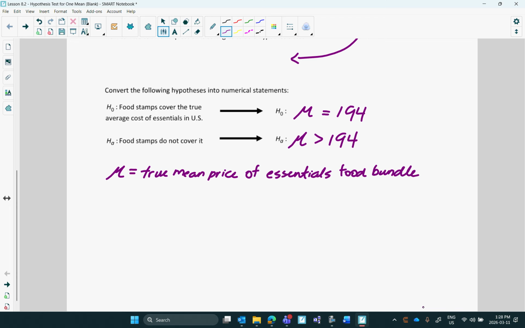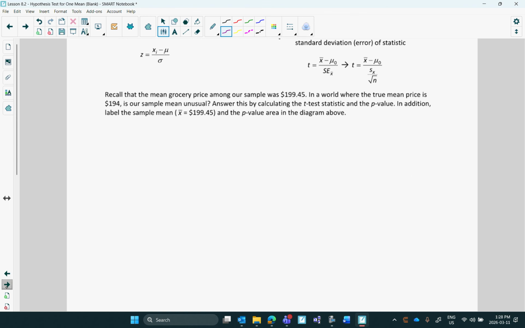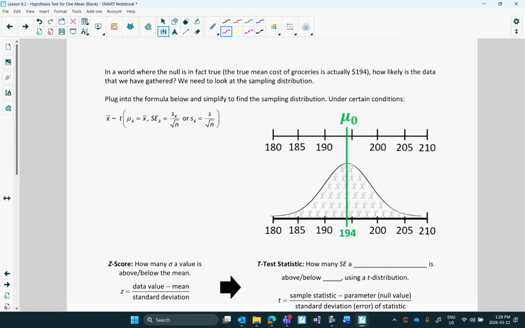So basically what it's coming down to is, the result that we got in our sample, how unusual is that? We're going to do the math to show how unusual it is by finding the p-value, which is how we make conclusions. In the hypothesis test, whether it's a mean or a proportion, we look at the p-values.